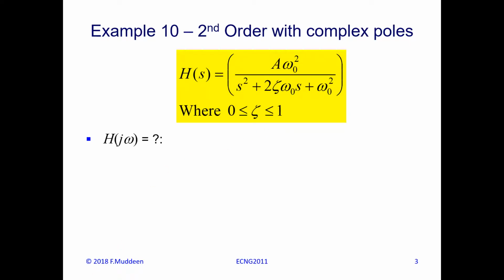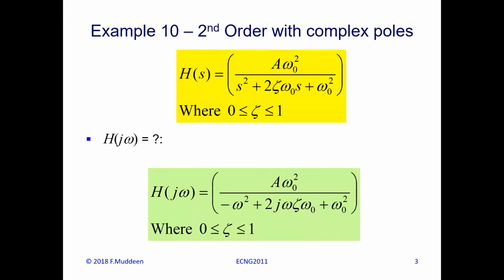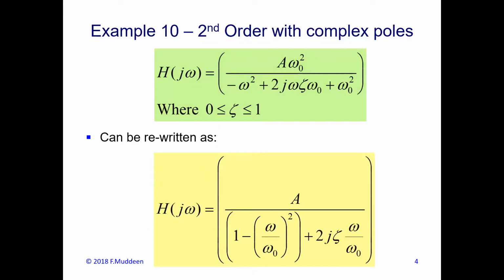So, in moving from H of s to H of j omega, it's just a straightforward substitution, where s is equal to j omega. Then we can rewrite this and obtain it in some sort of standard form accordingly. To move to this standard form, we make sure that we divide the entire numerator and denominator here by omega naught squared.